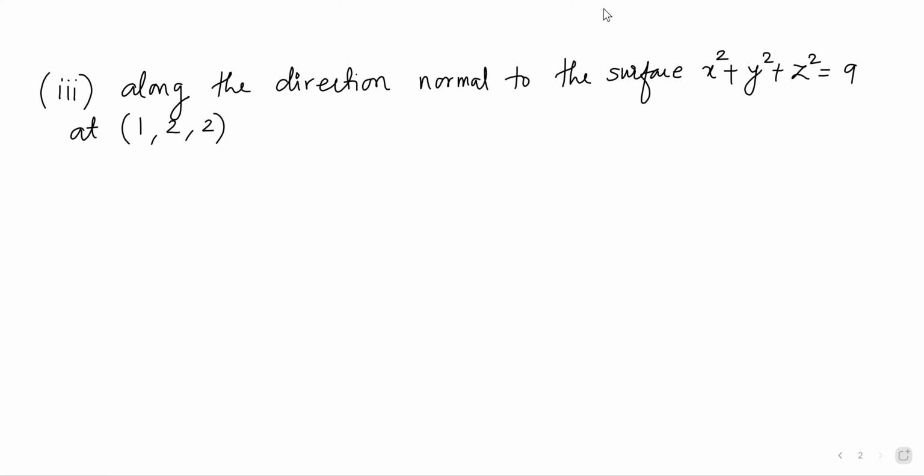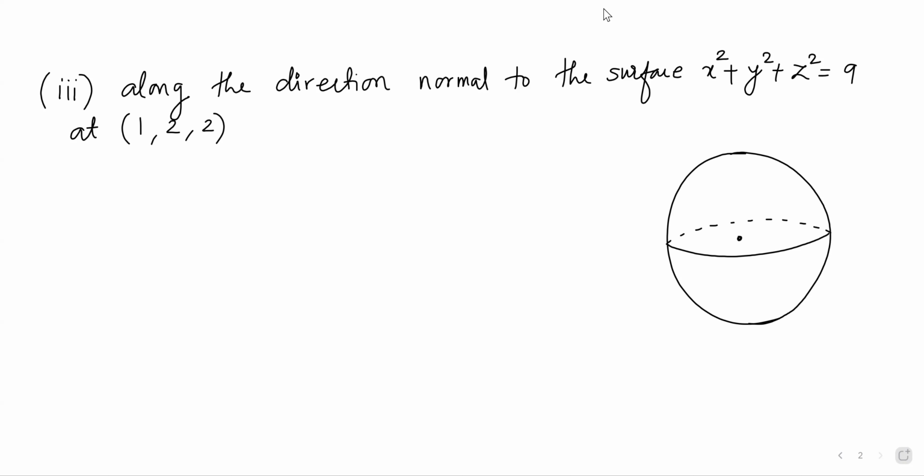Okay, so we have del phi along the direction normal to the surface. Now what is the surface? You can see that this is your sphere, correct? The equation of this sphere is x square plus y square plus z square equal to 9.